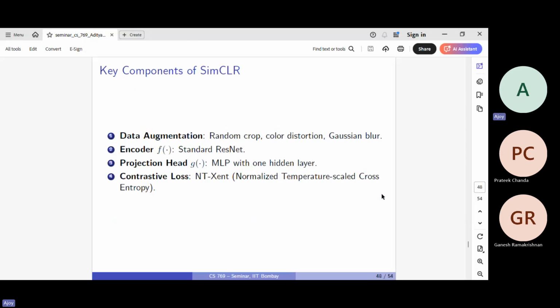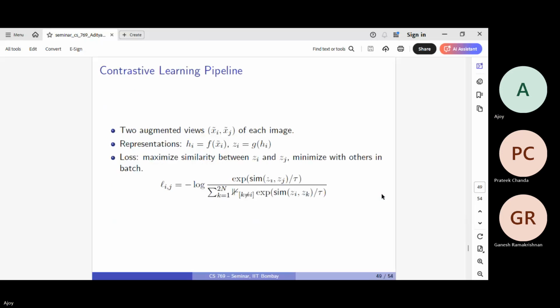For two similar images, they want to put them as close to each other in the embedding space and push apart the different images. They use contrastive loss, which maximizes similarity between two positive samples and tries to minimize similarity between negative samples.